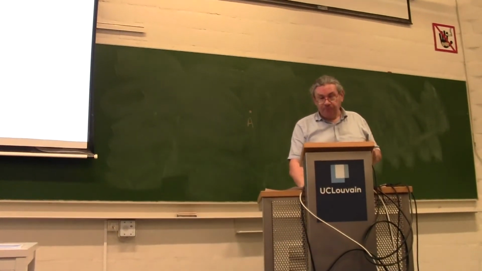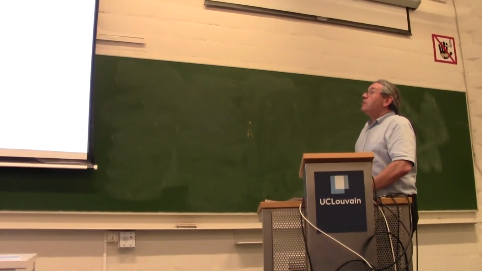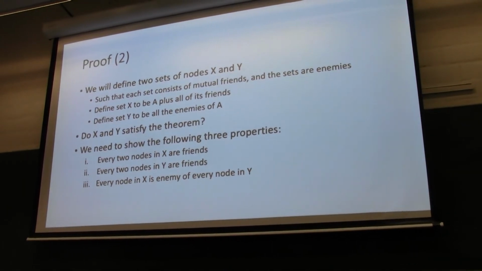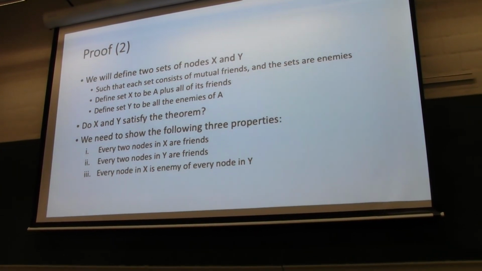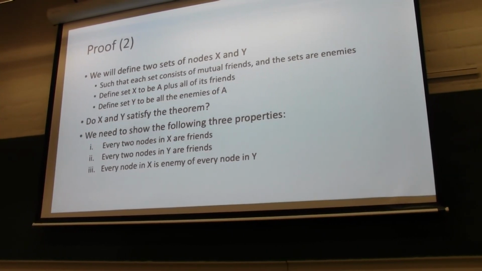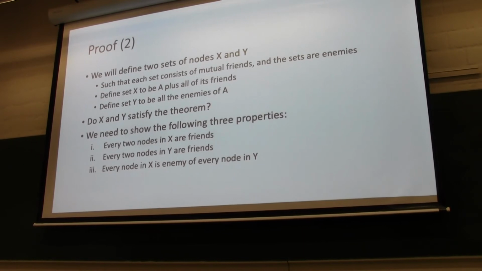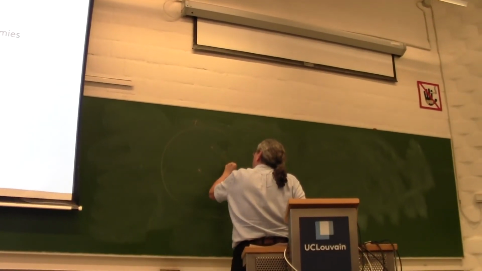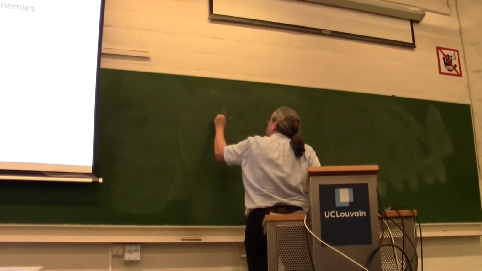We're going to define two sets of nodes, X and Y. X will be A plus all the friends of A, and Y will be all the enemies of A. So all the nodes in the graph, we put some of the nodes here. All these nodes are friends of A: B, C, whatever.